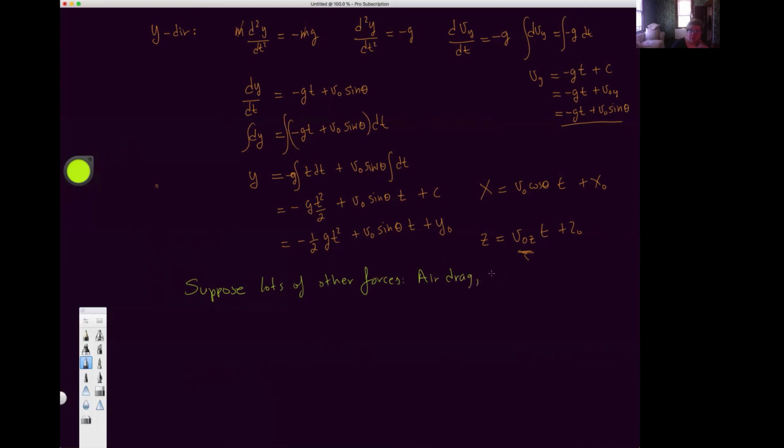You might take into account the fact that g changes a little bit depending on height, because you're farther away from the center of the planet. So take into account changes in g with height.